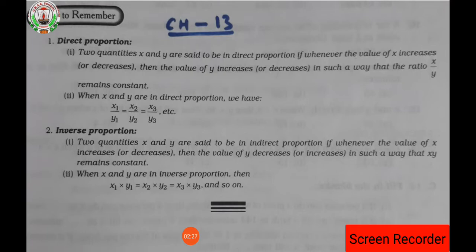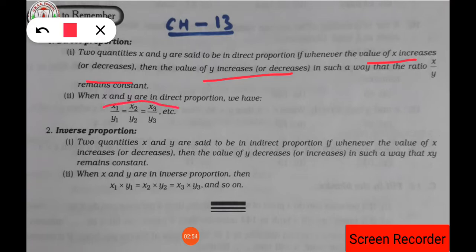Then the second condition for inverse proportion is, when x and y are in inverse proportion, then x1 into y1 is equal to x2 into y2 is equal to x3 into y3, and so on. Okay, this is the main difference. In direct proportion, if x increases, y also increases, if x decreases, y also decreases, and the formula is x1 upon y1 is equal to x2 upon y2.